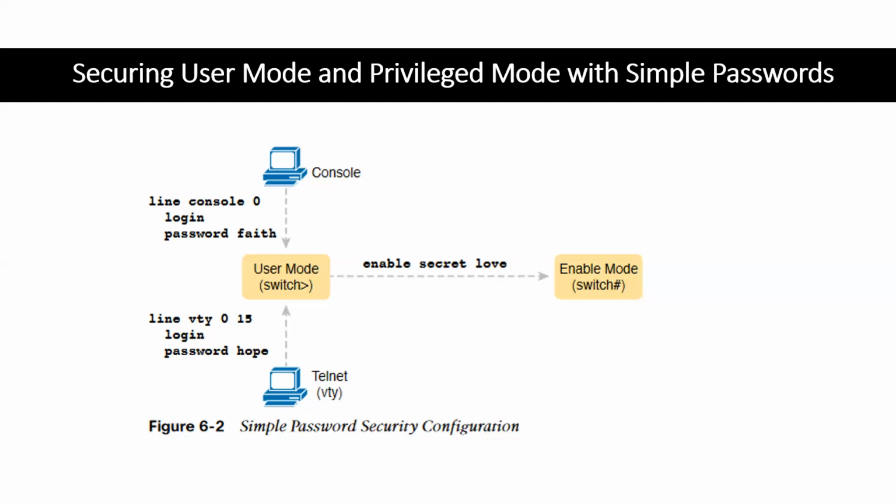Because they're going to have limited access. Remember, you went through that before. They're going to have limited access at user mode, we need to get to privilege mode to start to poke around within the device. So the engineer set a password to get into privilege mode, and that's going to be the same across the board.